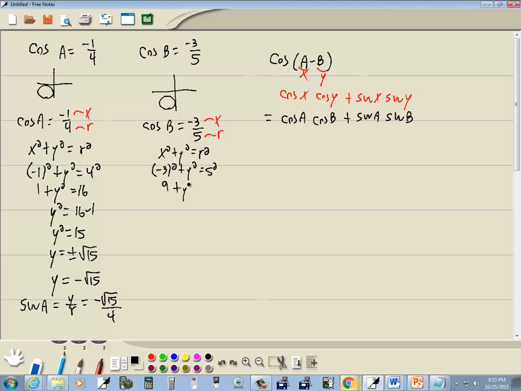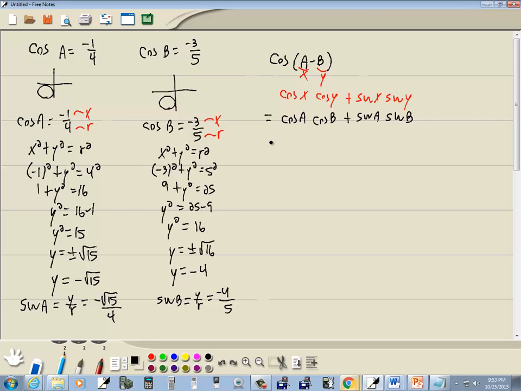So 9 plus y squared is equal to 25. Take the 9 over, and we've got 25 minus 9, which gives us 16. Drop the squared, put a plus or minus square root on the other side. Keeping in mind in quadrant 3 everything's negative, this will become a negative 4. So sine of B is going to equal y over r, which will be negative 4 over 5.